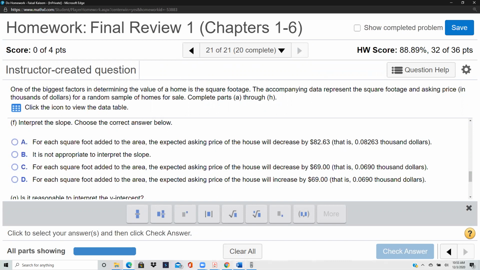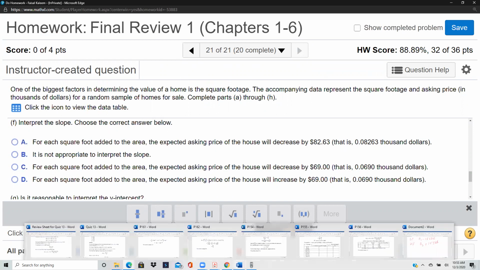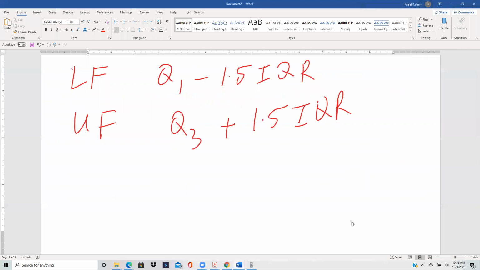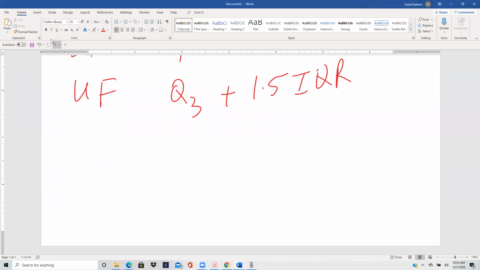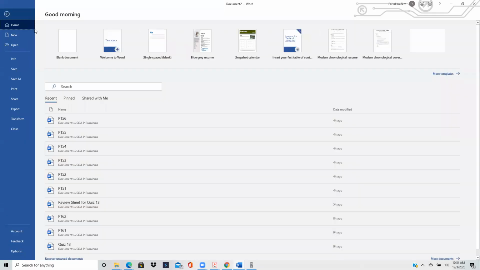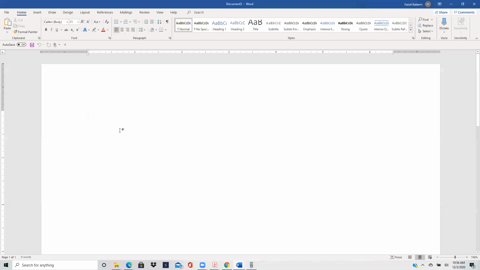Okay, so do you remember the interpretations that I wrote for slope and the y-intercept? I don't think I do. I'm sure I have them written down, but. Yeah, by now you should have them written down in your heart.